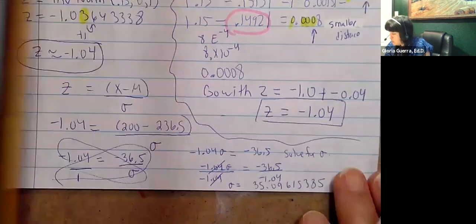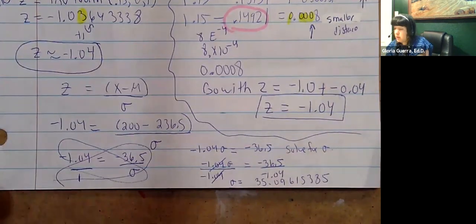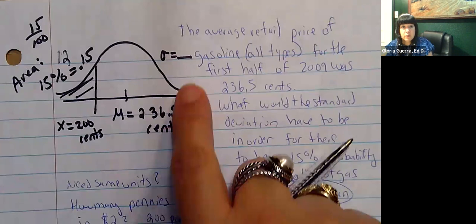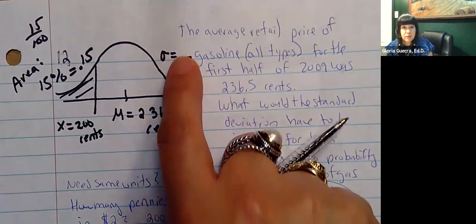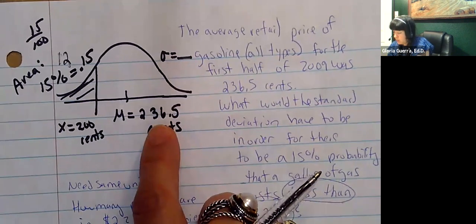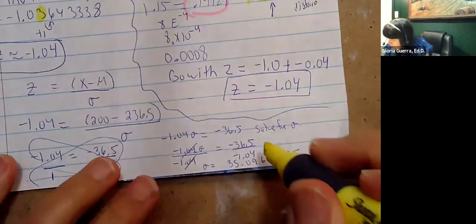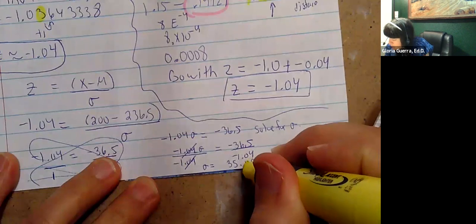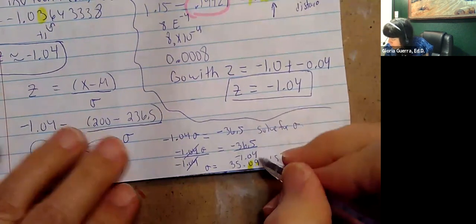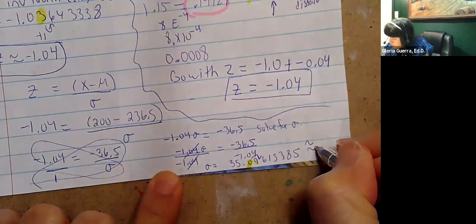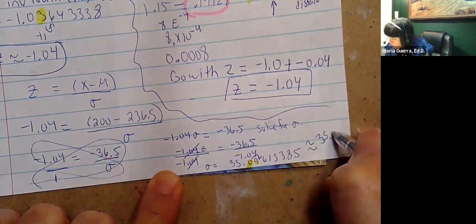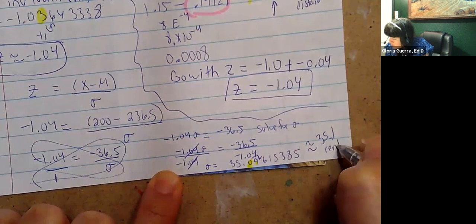They rounded sigma to the nearest tenths because mu was in the tenths, so they kept these in the same place value. So this would be tenths right here. Look at the number to the right. Is that 5 or more? Yep, that's a 9, so you're going to have to add 1 to that. So it's 35.1 cents.